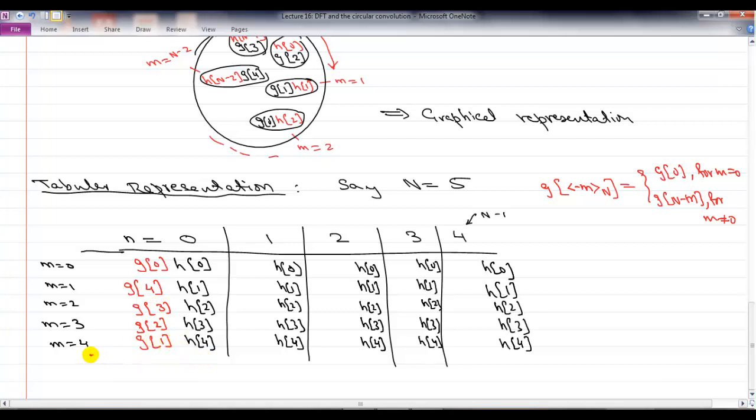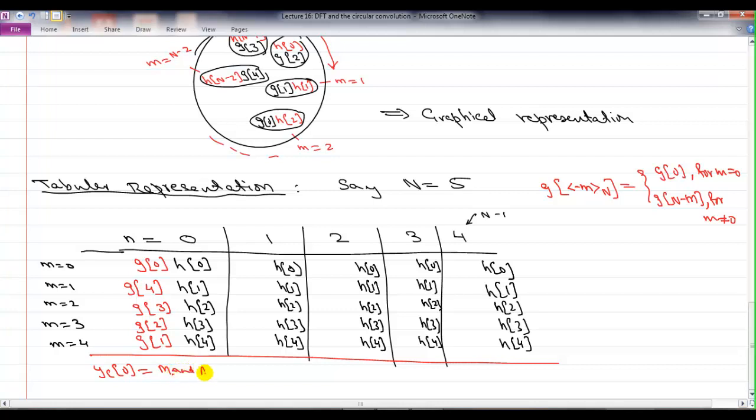So that completes my n equal to 0 calculation column, and YC0 is now simply given by multiplying all of these terms and then adding them all up. When I do that, I simply get my YC0.